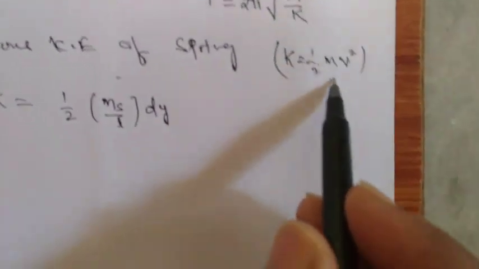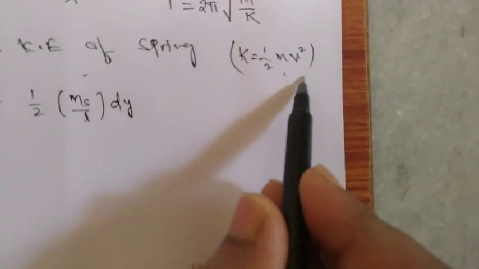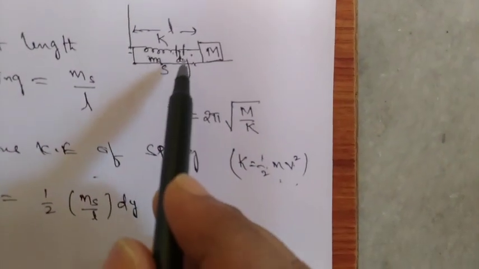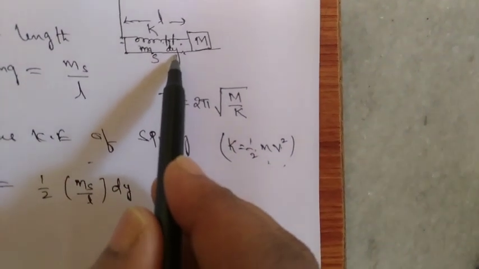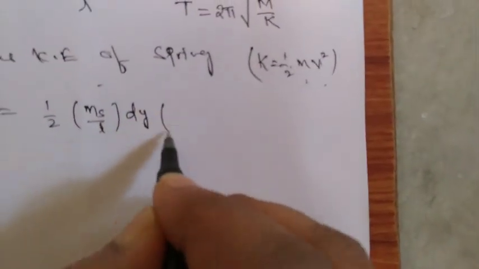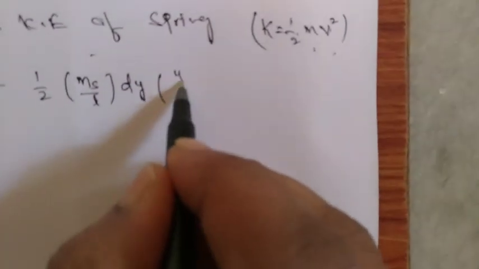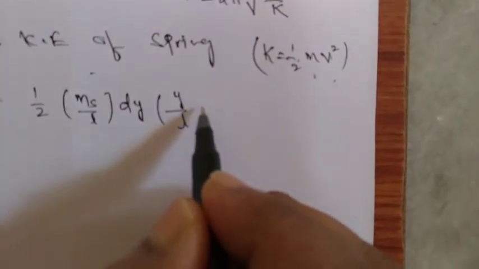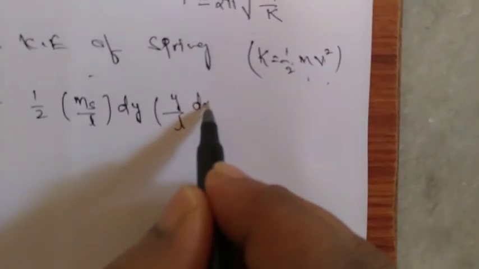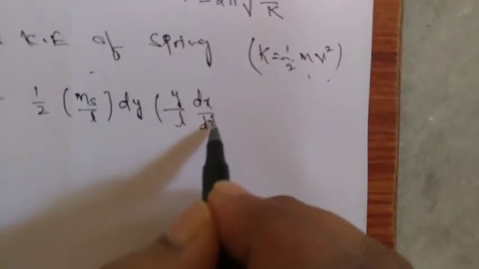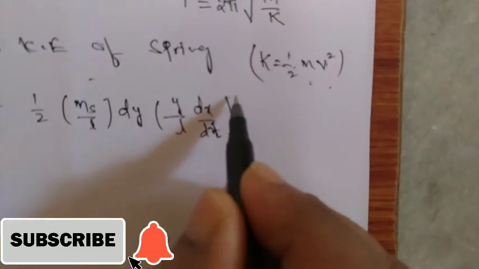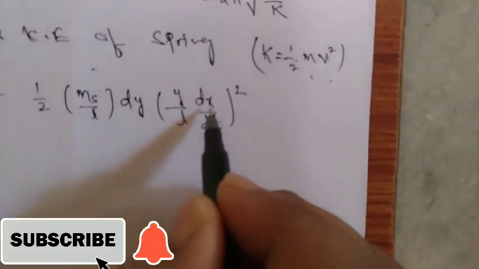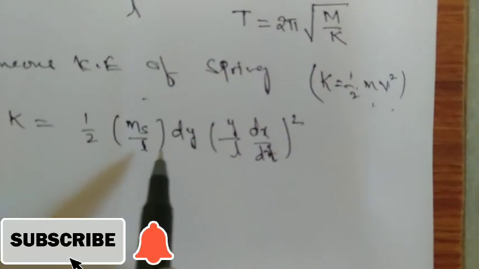Now v is the velocity of this small section, equal to y by L into dx by dt, where dx by dt is the velocity, and it is squared.